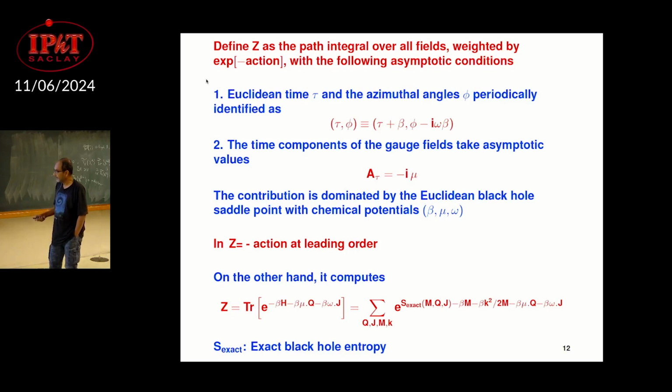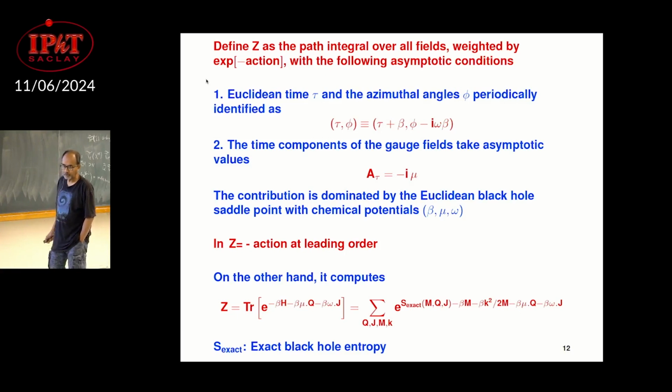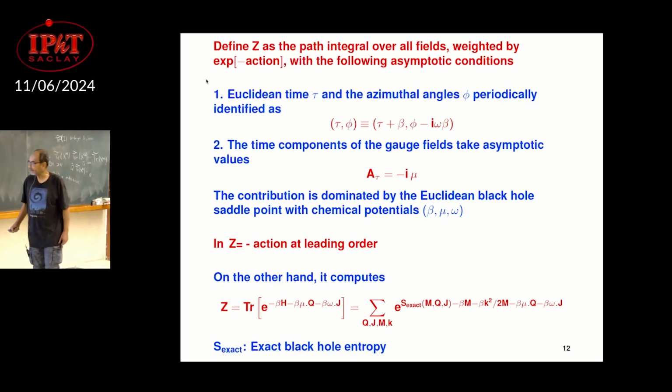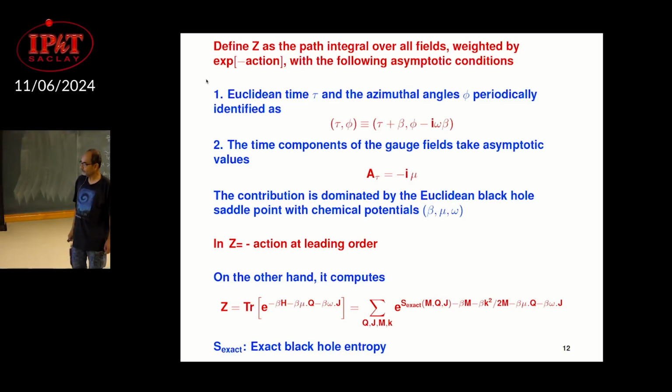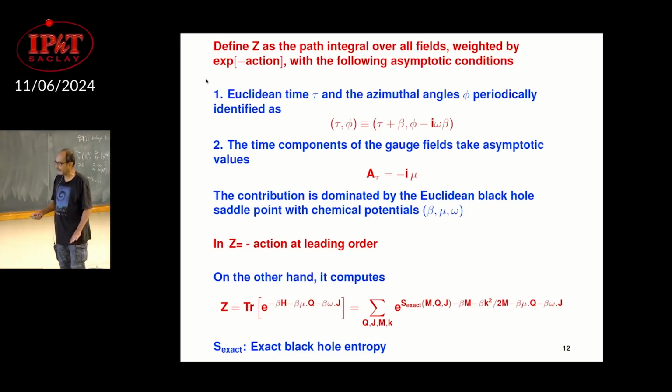Then you have minus beta mu dot Q minus beta mu dot J, and then the trace just picks up the total degeneracy of states with these quantum numbers. So that's what I'm calling e to the S exact (M, Q, J). So e to the S exact by definition is the total degeneracy of states carrying quantum numbers M, Q and J. At this point I have not made any approximation.